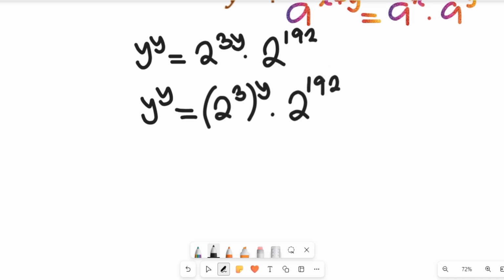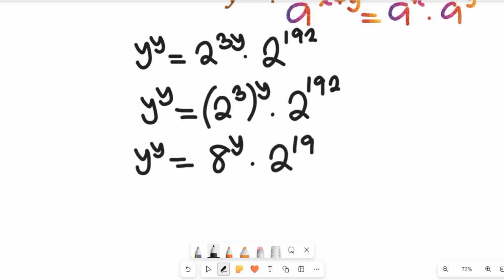And this is according to a law of indices. Now, if we simplify that, we'll have y to the power of y equal to 2 to the power of 3 is 8, so 8 to the power of y multiplied by 2 to the power of 192.